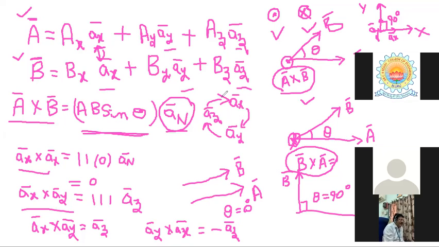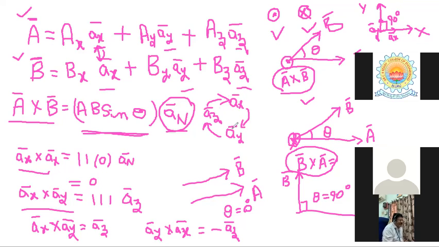If you go in anti-clockwise you will get negative. If you go in the clockwise direction, like if you take a hand clock or wall clock, the clock rotates in this direction, so that is taken as this one. Anti-clockwise direction means opposite. So you represent x, y, z in a clockwise direction, and then if you take the cross product in this direction, ax bar cross ay bar is simply az bar, ay bar cross az bar is simply ax bar, az bar cross ax bar is simply ay bar.